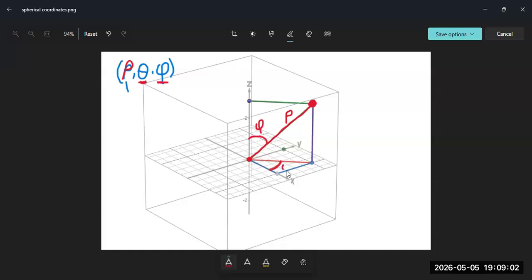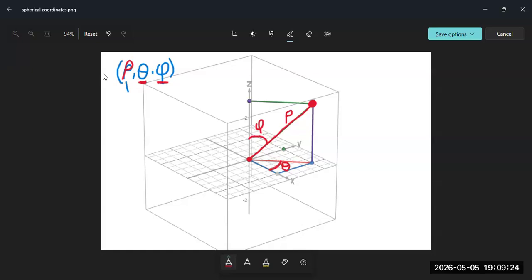So this angle is theta. Theta is unchanged from our cylindrical coordinate system, where theta was also the angle with the positive x-axis.